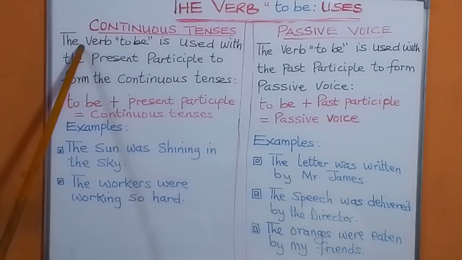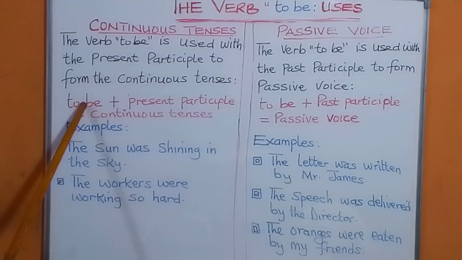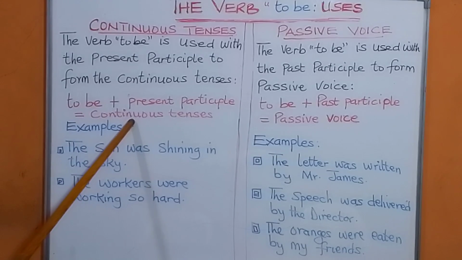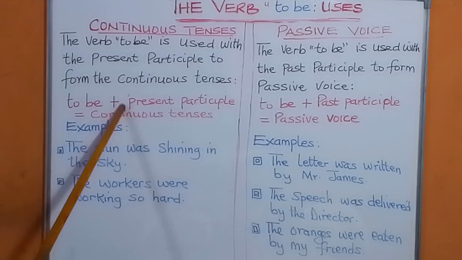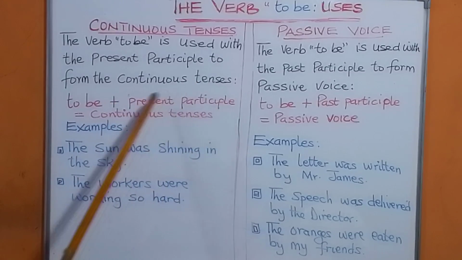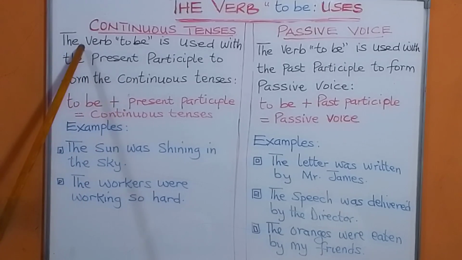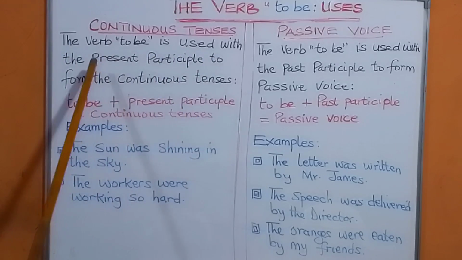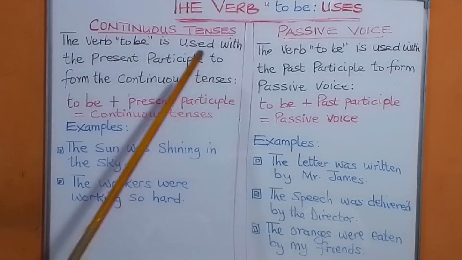Now how do we do that? The verb to be is used with the present participle. If we use the present participle with the verb to be, we will be able to form continuous tenses.